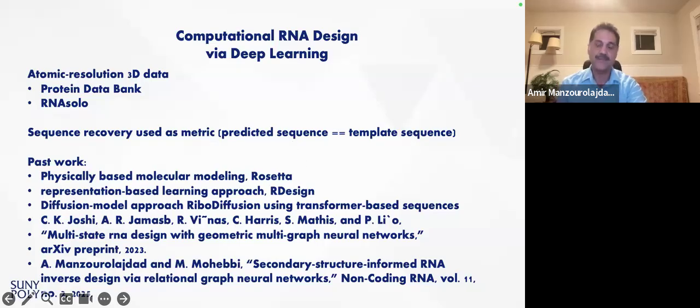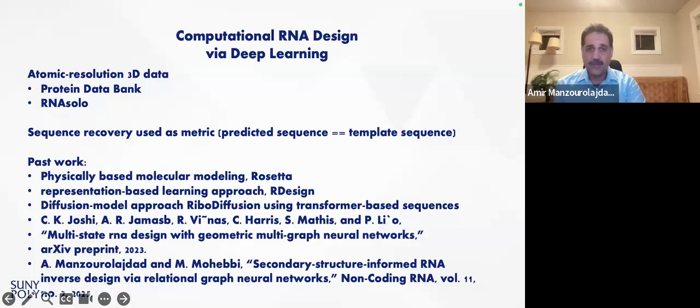So if I were to explain this, once we train our model and expose it to thousands of atomic resolution data, then during the test set, we expose it to a new structure that is never seen, and we mask the actual sequence. We ask the model to predict the sequence, and then we compare that prediction with the ground truth. Your sequence recovery would just be the percentage of nucleotides that are correctly predicted in their correct positions.